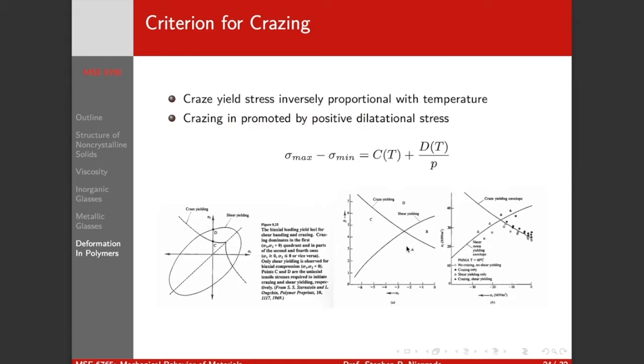And down here, I'm safe, meaning I'm within this region here. This is just some experimental observation to show safe, yield by crazing, yield by only shearing, and yielding by both observed crazing and shear yielding.